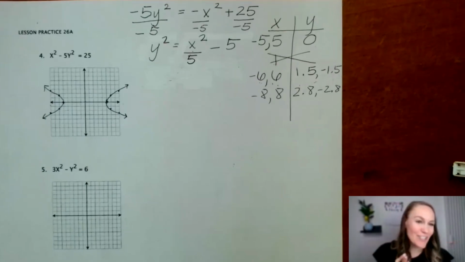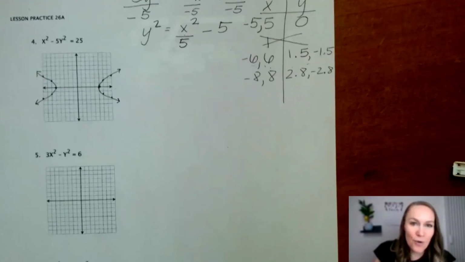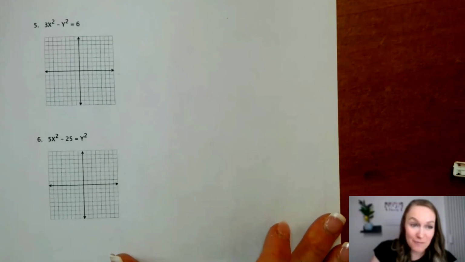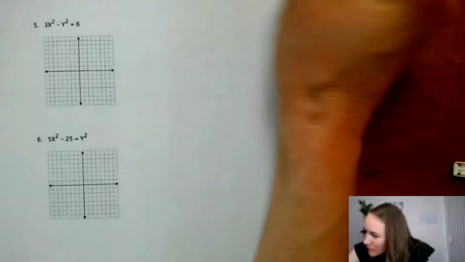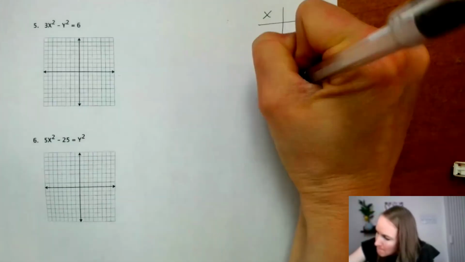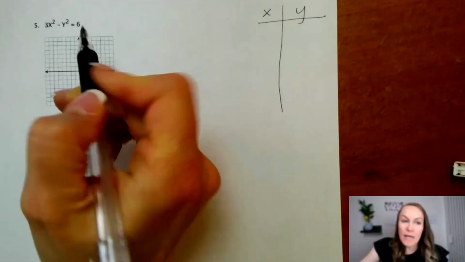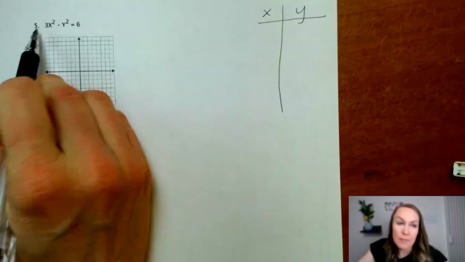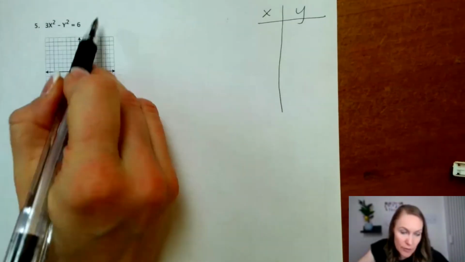All right, so now let's go ahead and do number 5. So I have my XY table over here. And I'm going to go ahead and do the same thing. I'm going to solve for y squared. So I'm going to subtract over 3x squared.